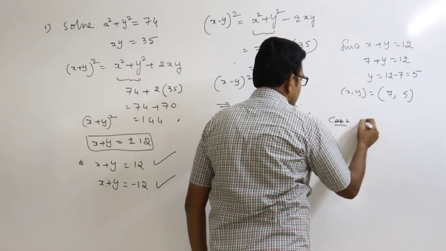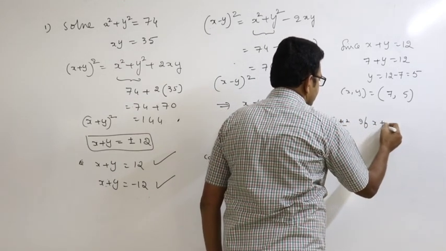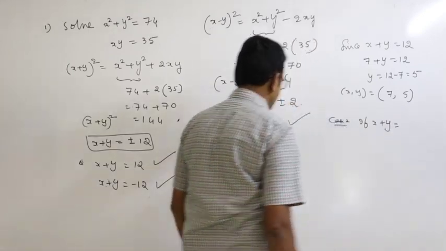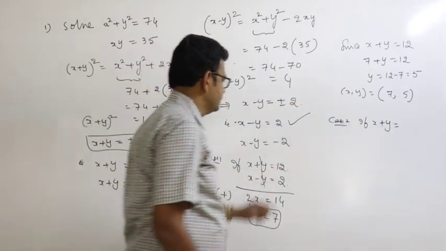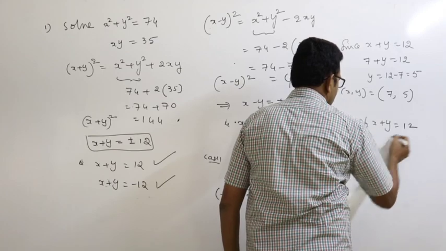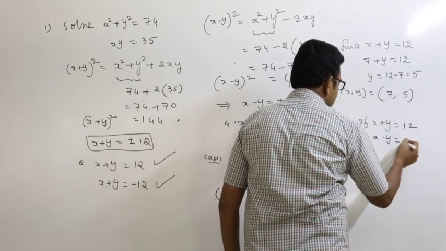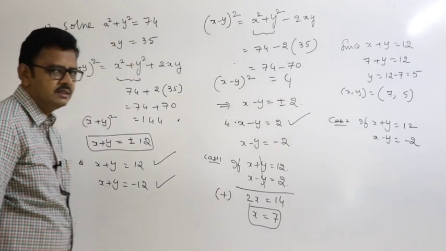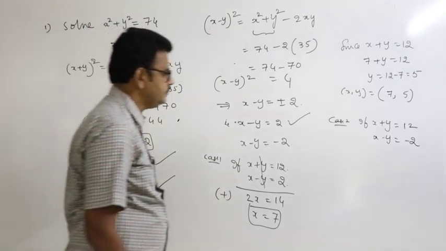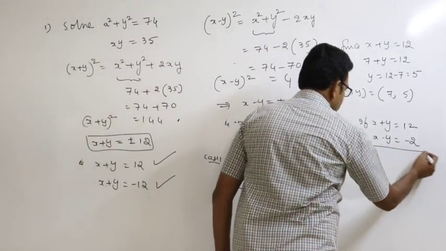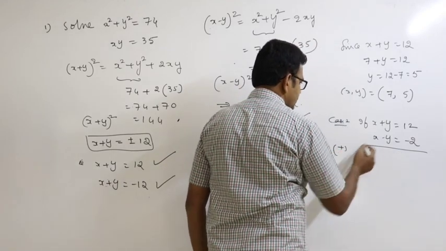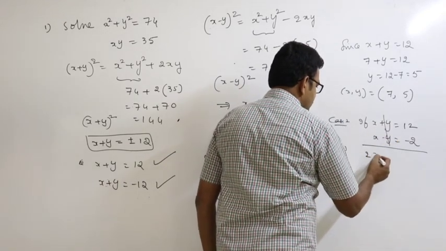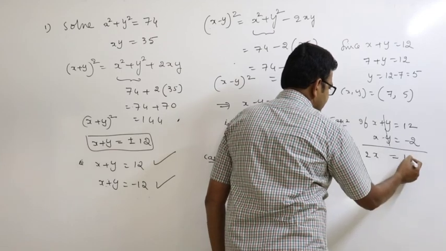If you take case 2, case 2 means what? If x plus y is equal to 12 and x minus y is equal to minus 2. This is the other way. Again solving these two, by adding these two, y gets cancelled. 2x is equal to 10.